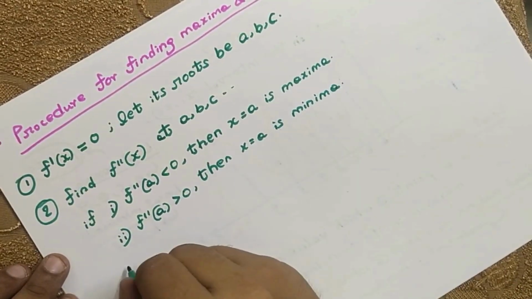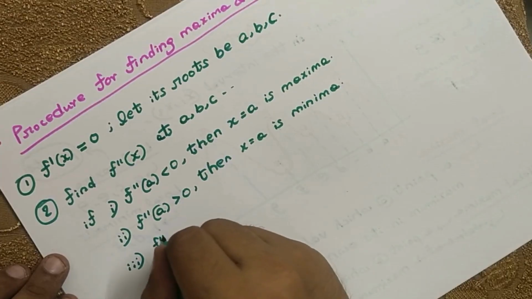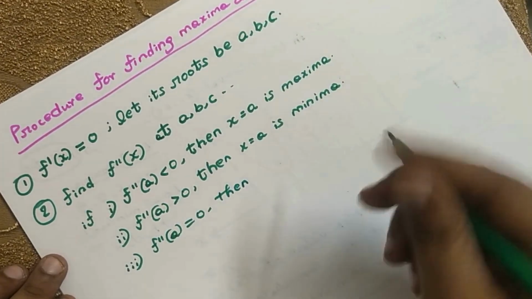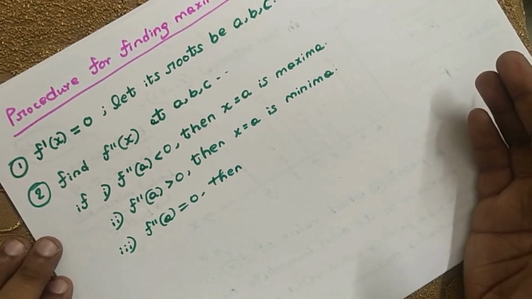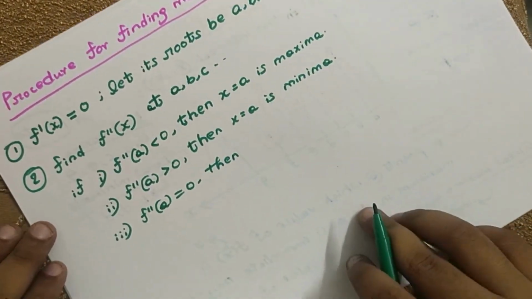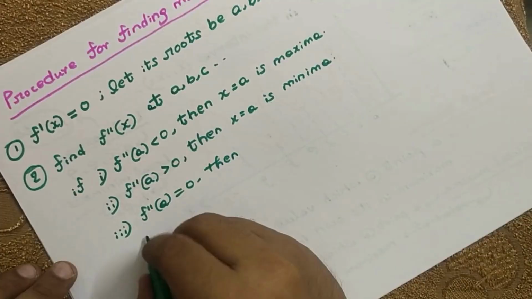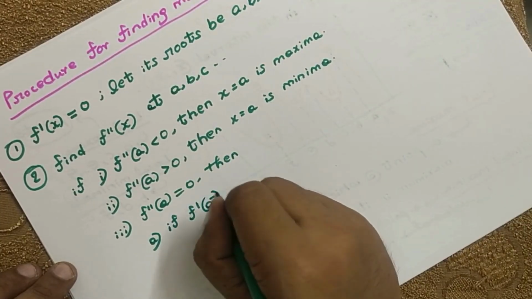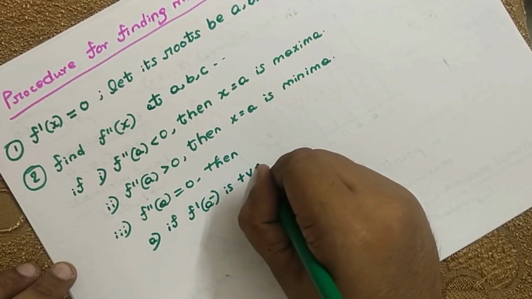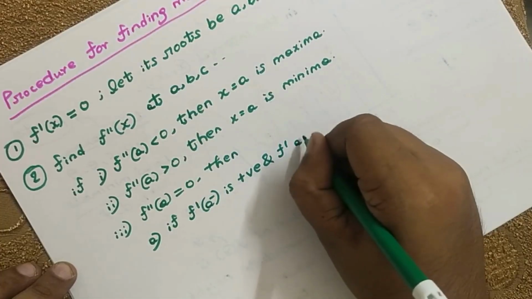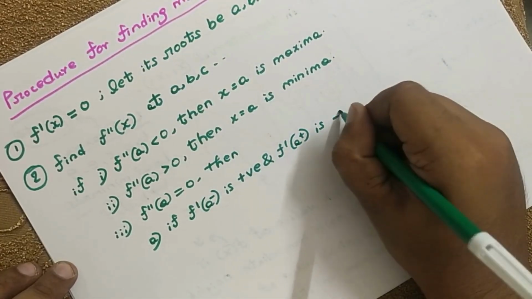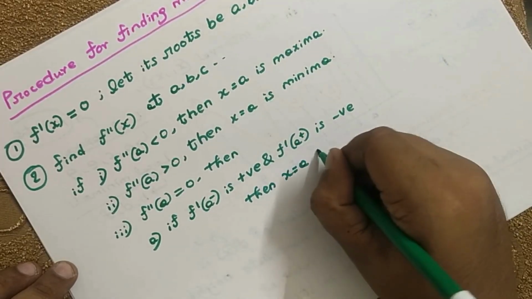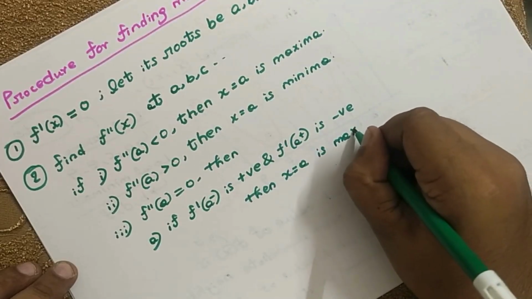And if this f double dash of a is 0, then it depends on the previous value and the after value, just previous and just after, that is f dash of a minus and f dash of a plus. We have already seen this as well. So the first case: if our f dash of a minus is positive, and our f dash of a plus is negative, then x is equal to a is maxima.